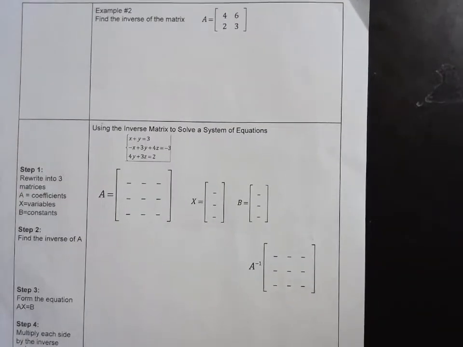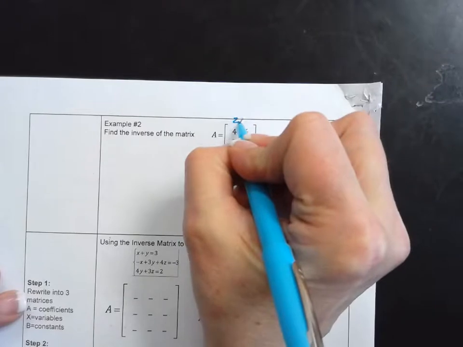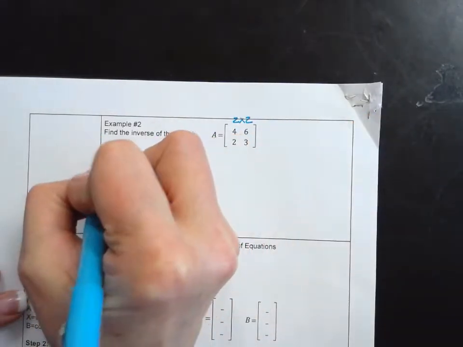Want to do one more? Sure. Love to. Okay, so I have a 2 by 2. So what identity do I want?